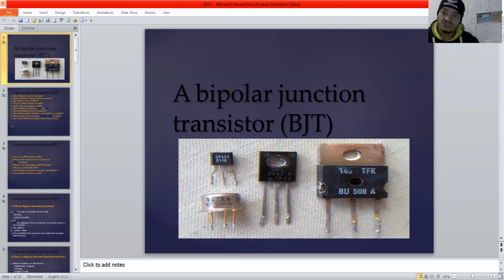But here we have a condition. For example, if we use a silicon diode, the VB will be 0.5 to 0.7. If the voltage applied here is less than 0.5, nothing will go through the diode.